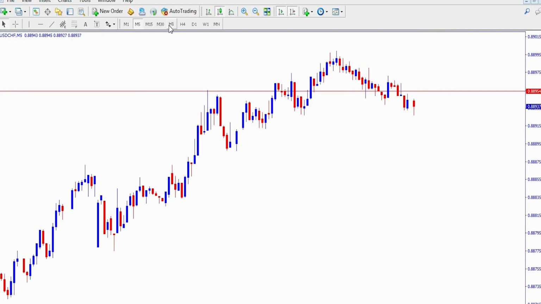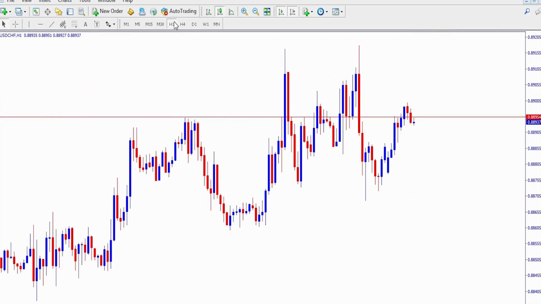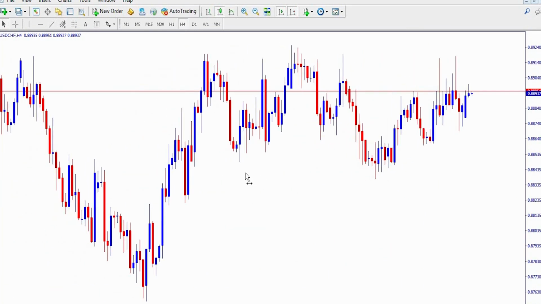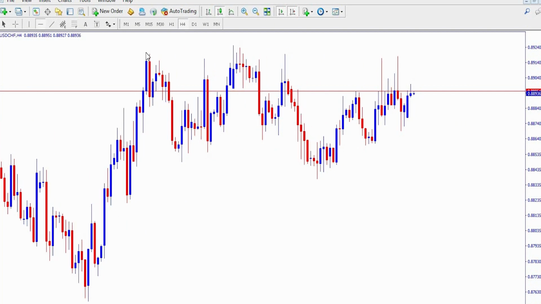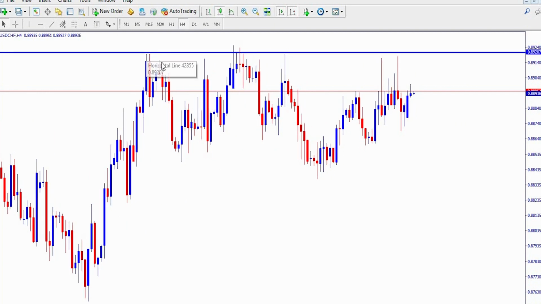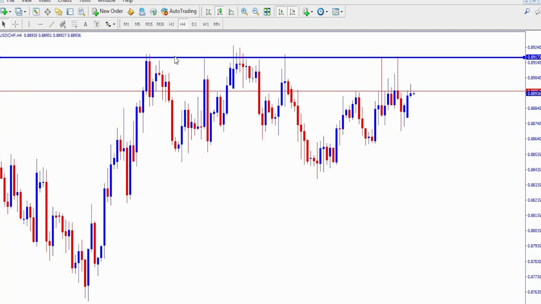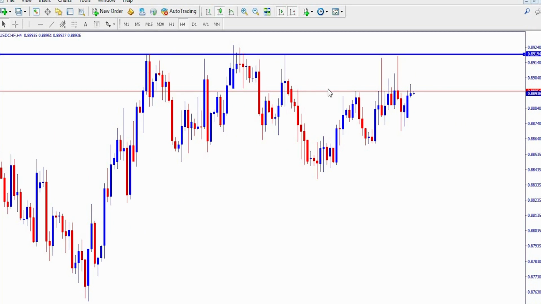Okay, so this is the chart of the United States dollar against the Swiss franc. Now, we have to do a little analysis. We can see that whenever the market gets to this point, it has always been reversing.